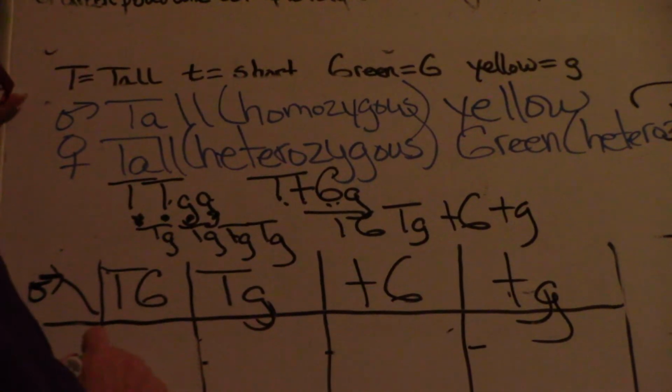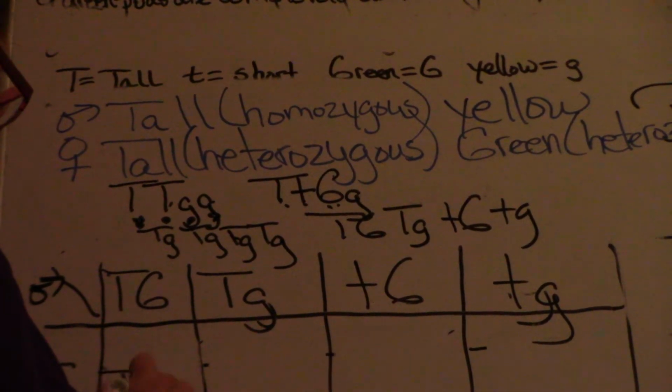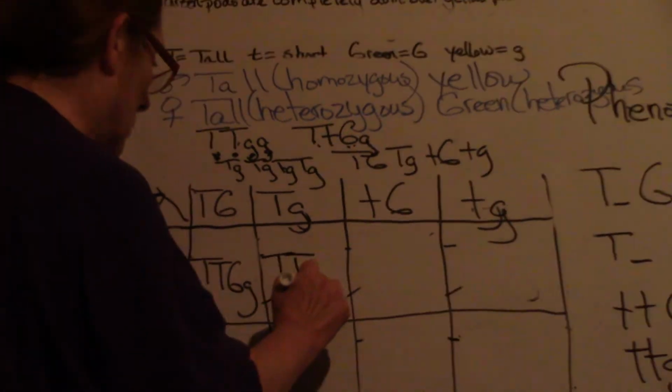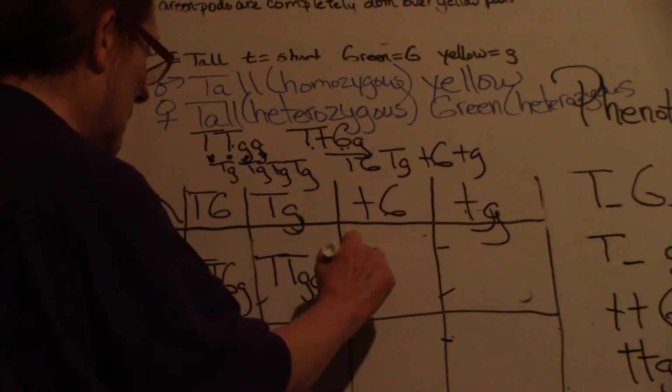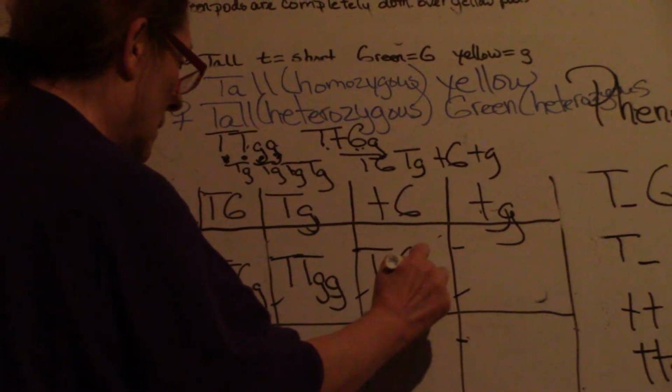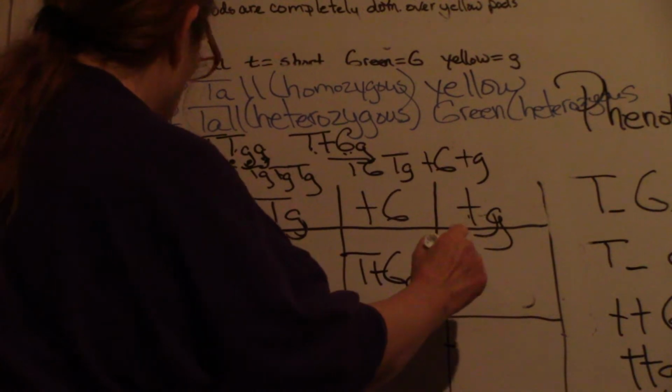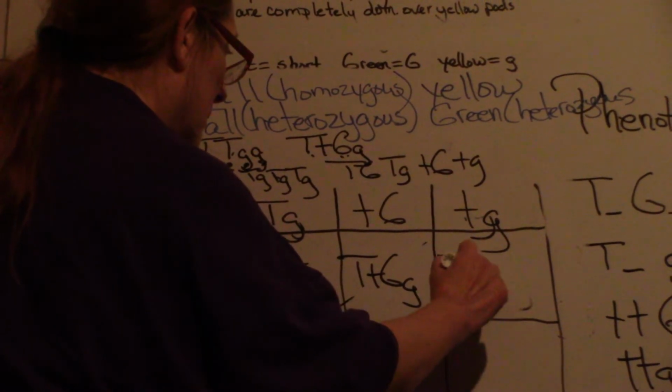Now, what happens? Big T, big G, little g, big T, little g, big T, big G, little g, big T, little g, little g.